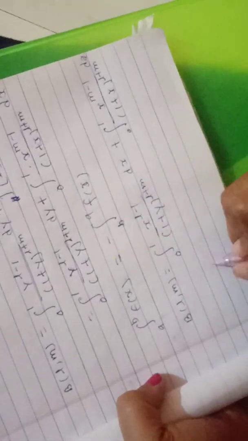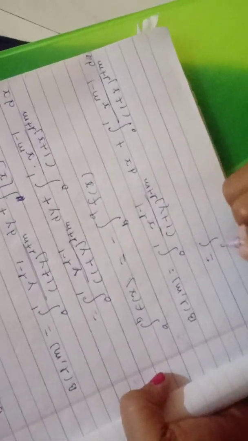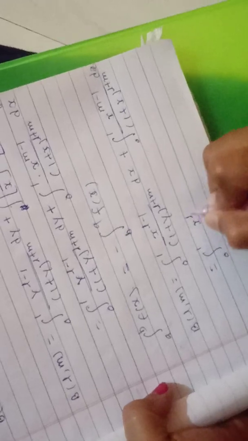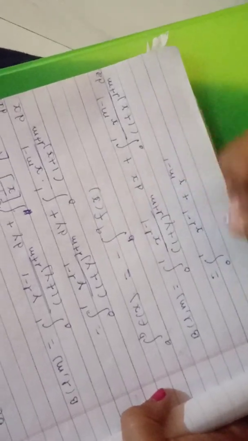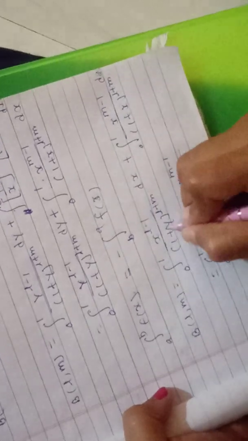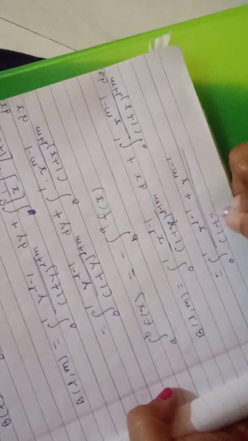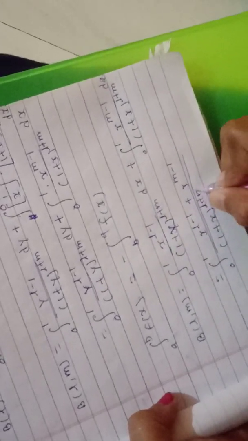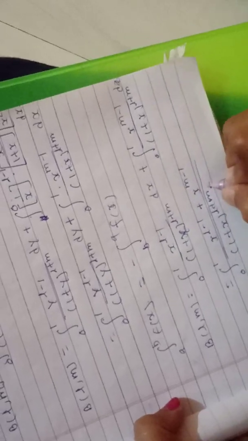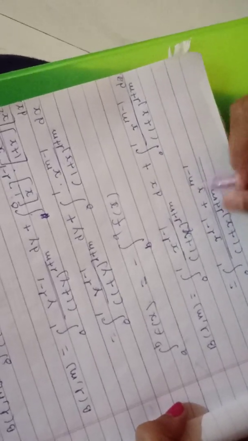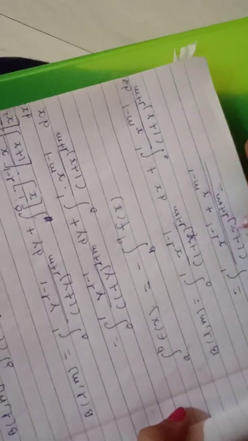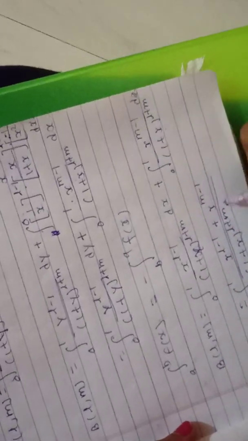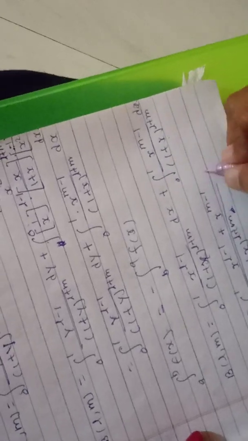So here it is the same variable, add this, so integration 0 to 1 x raised to l minus 1 plus x raised to m minus 1 divided by 1 plus x raised to l plus m dx.